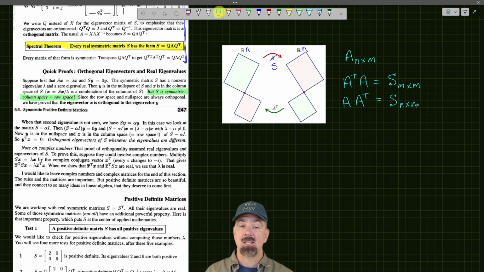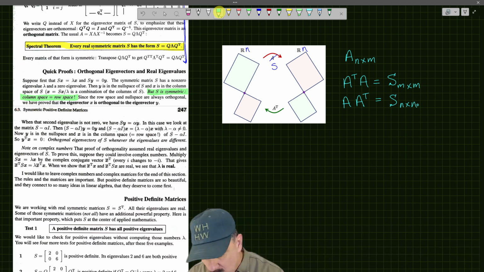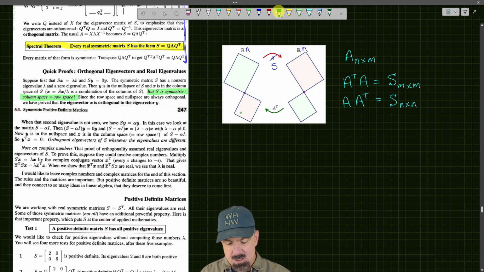Obviously, they're not necessarily the same symmetric matrix, but they are always symmetric. So any matrix that we have, we can multiply it by itself via the transpose and come up with a symmetric matrix. So what he's highlighting here is, yeah, it's a symmetric matrix.